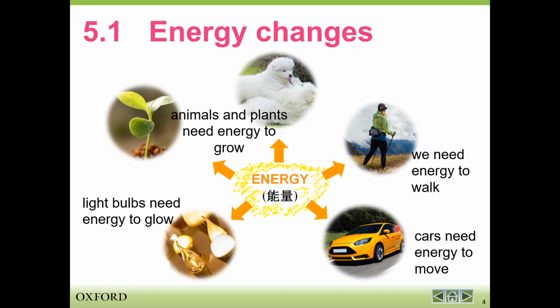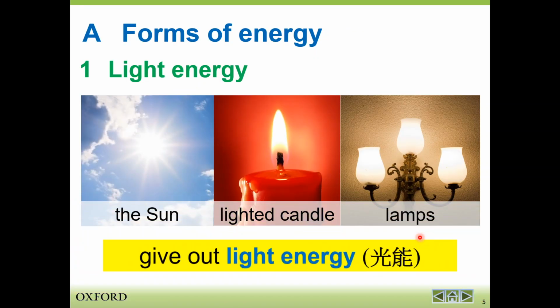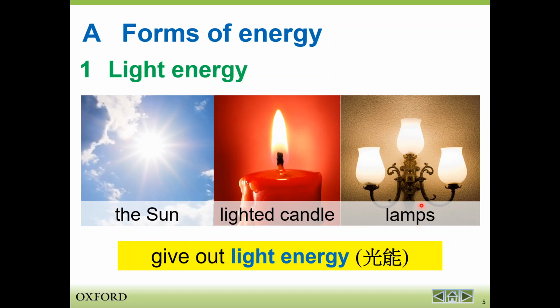The car also needs energy to move. So energy can be changed into a lot of forms for anything to use, like animals, humans, cars, light bulbs, whatever. Let us learn about the forms of energy.